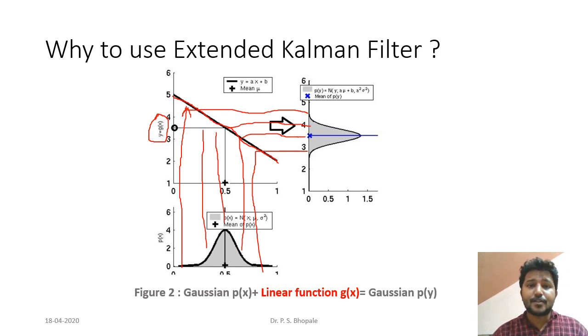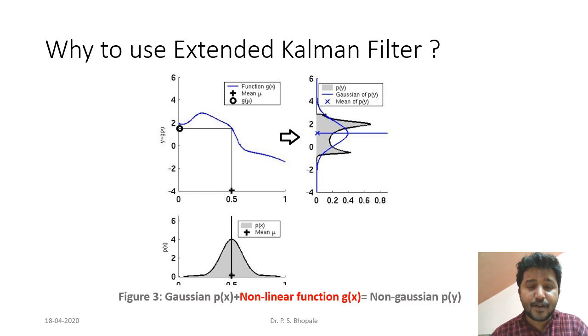That is the basic assumption used in a linear discrete time Kalman filter: that input and output are Gaussian, and the transfer function is a linear function. But what happens when the system's function or behavior is non-linear? In this figure number 3, we can see a blue color line which is the function y is equal to g of x.